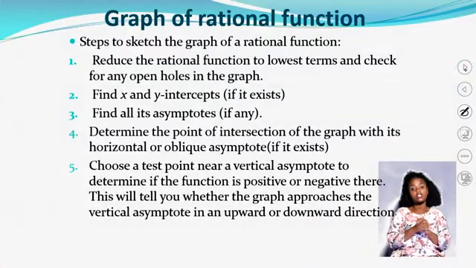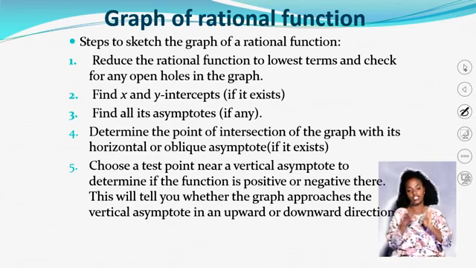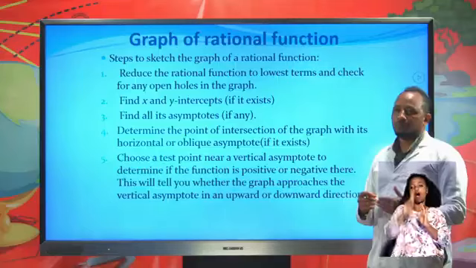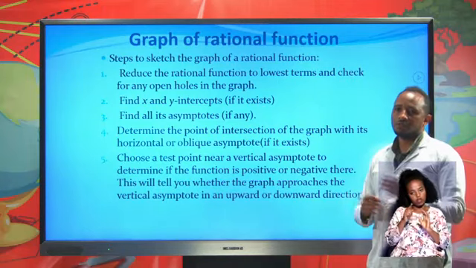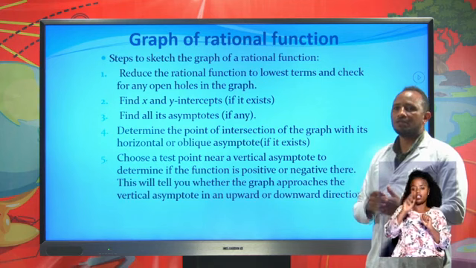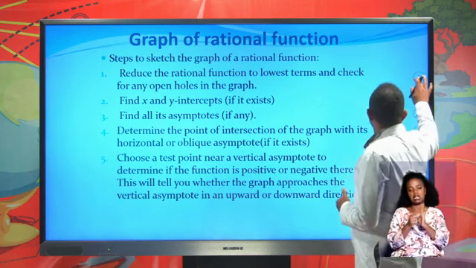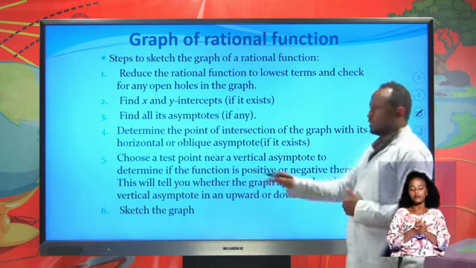And then 5, choose a test point near a vertical asymptote to determine if the function is positive or negative there. This will tell you whether the graph approaches the vertical asymptote in the upward or downward direction. When it's positive, it moves upward. When it's negative, it moves down. We'll see this through an example. And finally, sketch the graph.